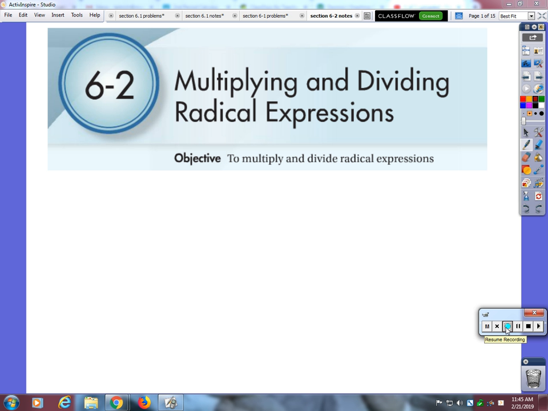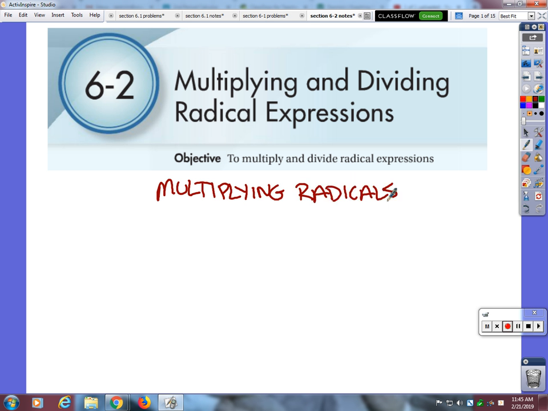I know there's a lot of you in here that like it if I write down specifically the steps. So for multiplying radicals, you can do it if either one of 2 things is true.